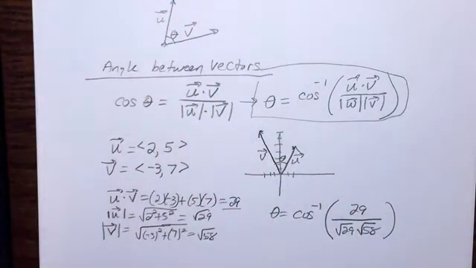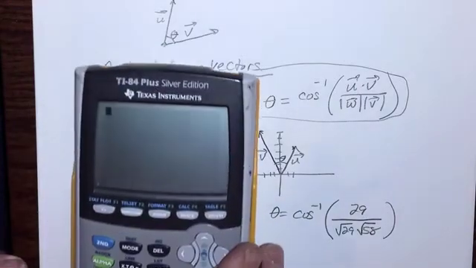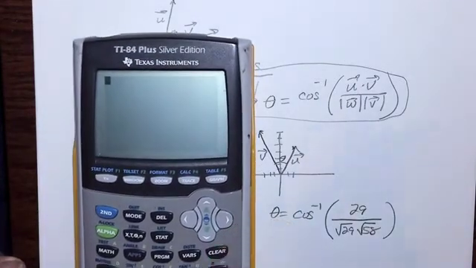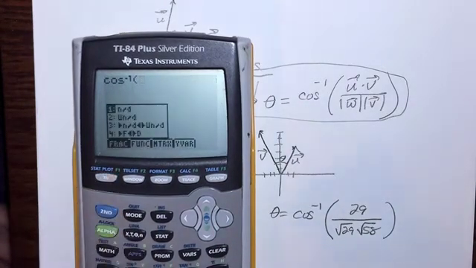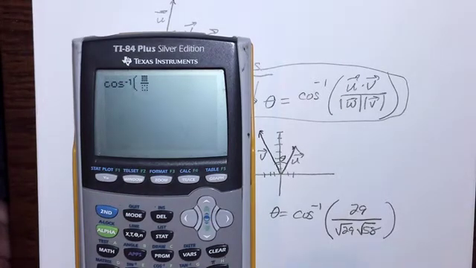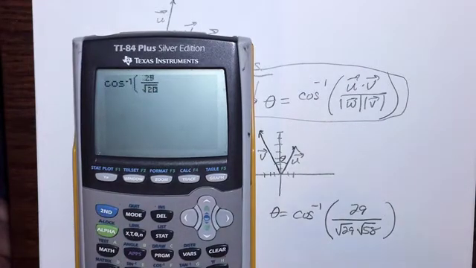And so then you just take your calculator and go second cosine, inverse cosine. I want a fraction, 29 over the square root of 29. And you hit the right arrow to get out from under that little square root, and then times the square root of 58.